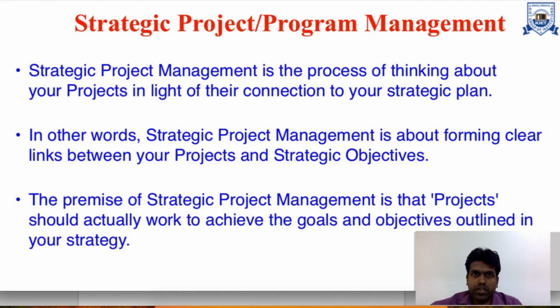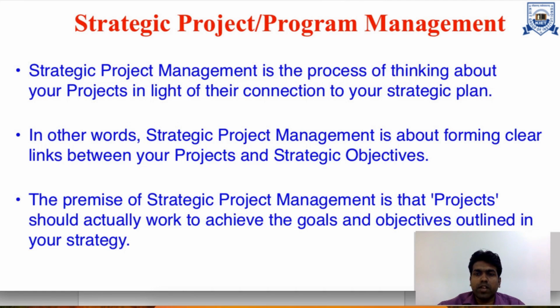Coming to the next part, that is strategic project or program management. Strategic program management is basically the process of thinking about your project in light of its connection to your strategic plan. That means it is the process of thinking about your project with reference to your strategic plan.